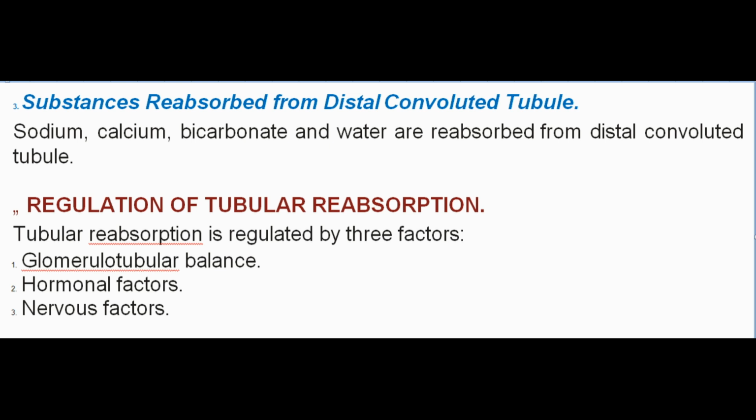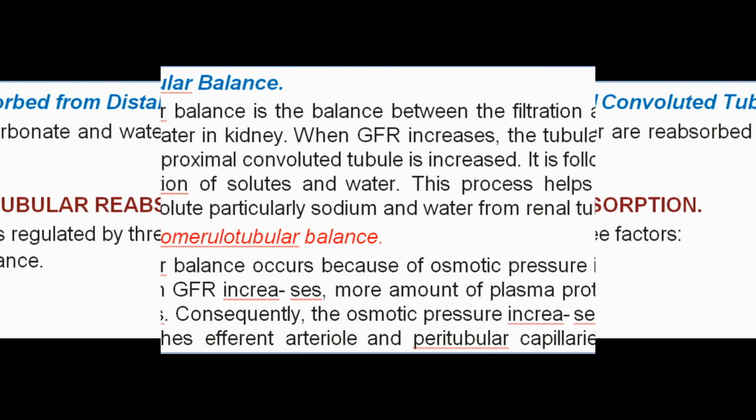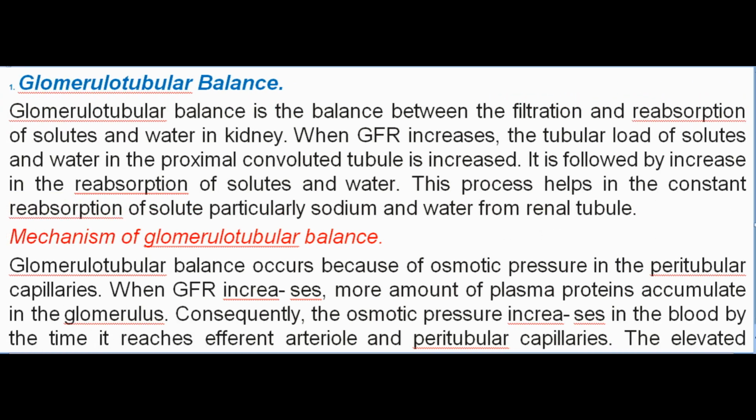Regulation of tubular reabsorption. Tubular reabsorption is regulated by three factors: glomerulotubular balance, hormonal factors, nervous factors. Glomerulotubular balance. Glomerulotubular balance is the balance between the filtration and reabsorption of solutes and water in kidney.